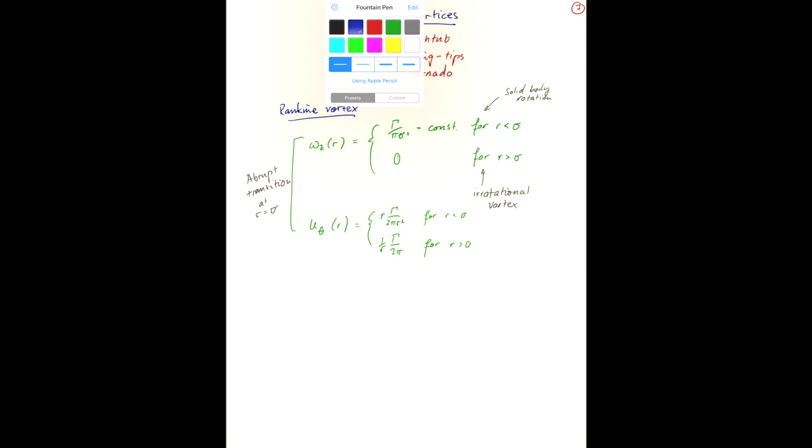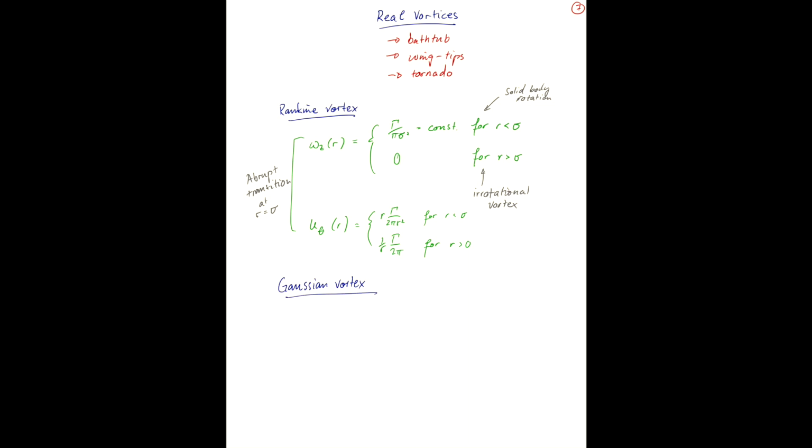The second case that we will consider here is a Gaussian vortex, which has a gradual transition between the irrotational vortex and the solid body rotation.